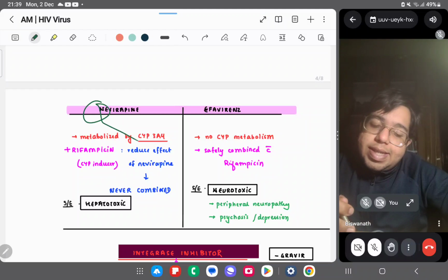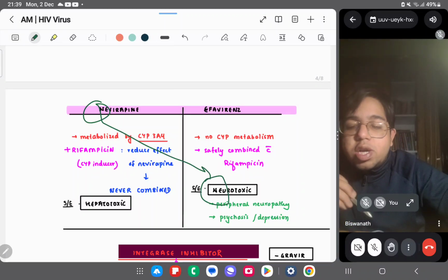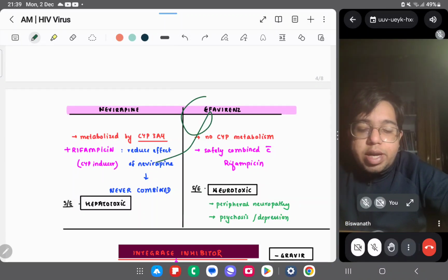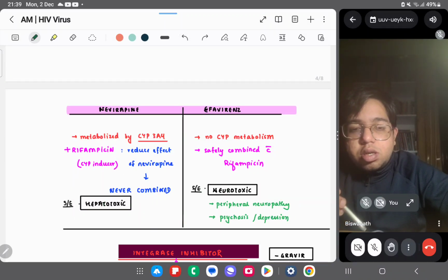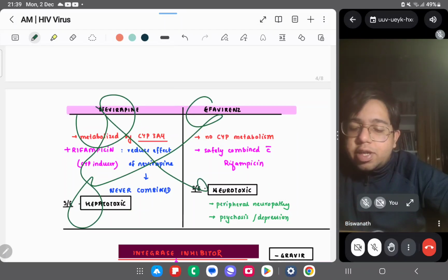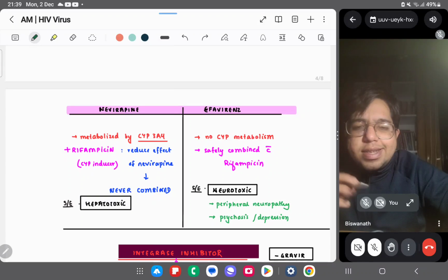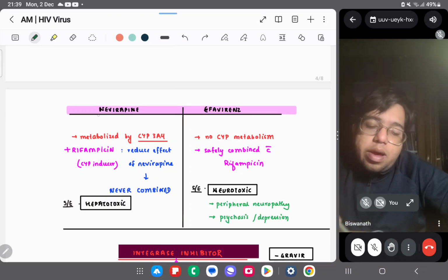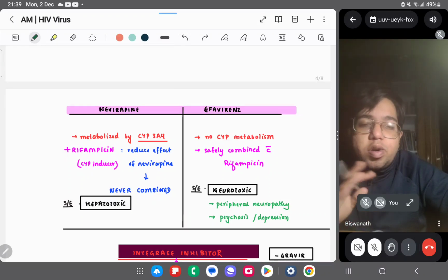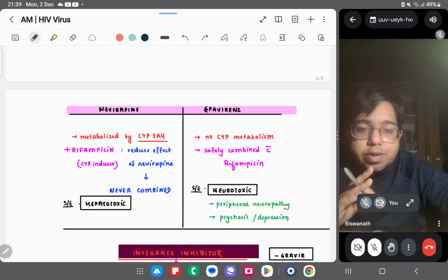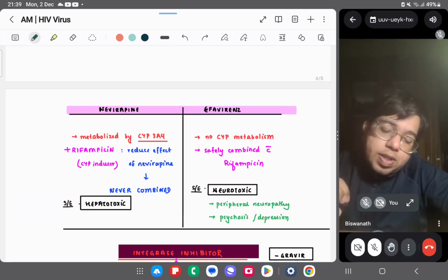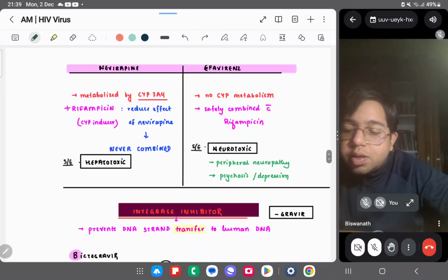You can remember like this: N will not cause N, E will not cause H. Just a silly mnemonic: N for nevirapine, but it is not causing neurotoxicity, it's causing hepatotoxicity.